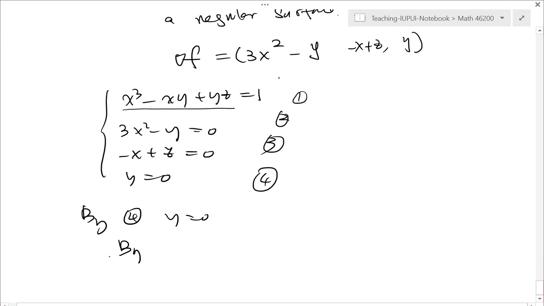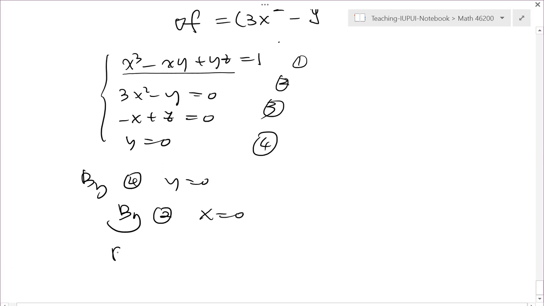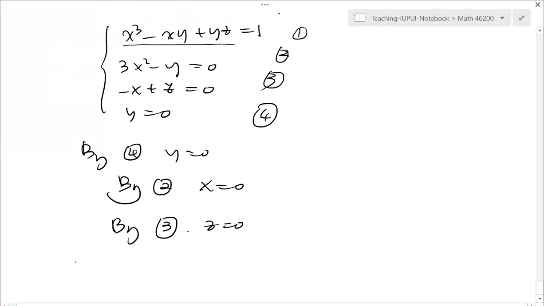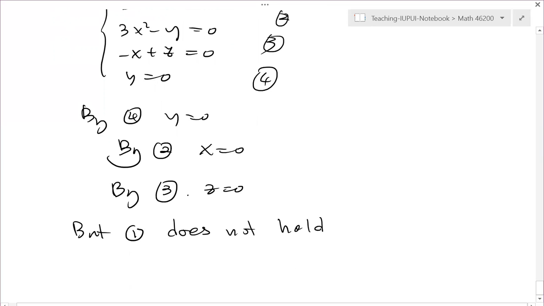Then by equation 2, x is 0. Then by equation 3, z is 0, so (x, y, z) is (0, 0, 0). But equation 1 does not hold for x, y, z equal to 0, 0, 0.